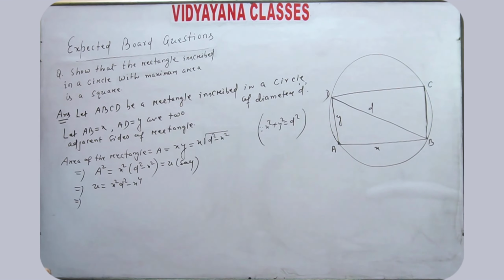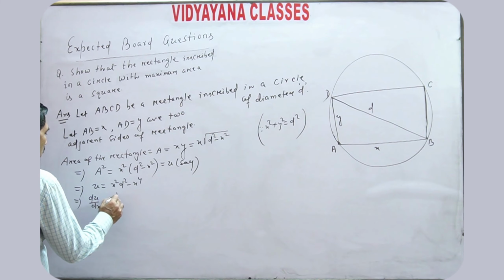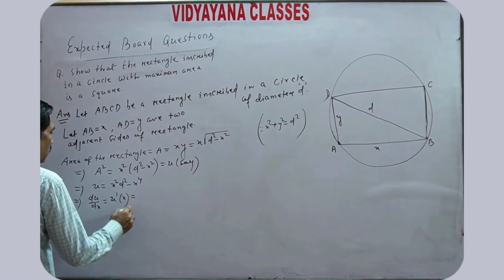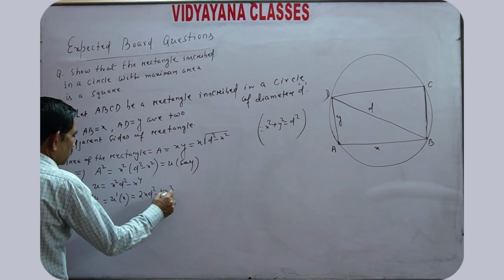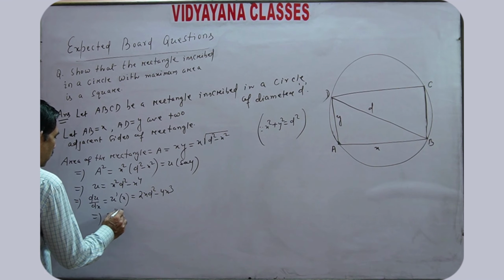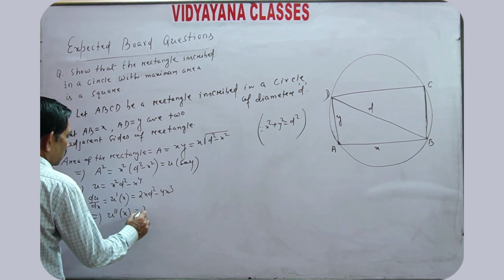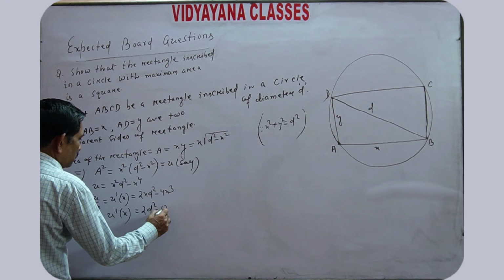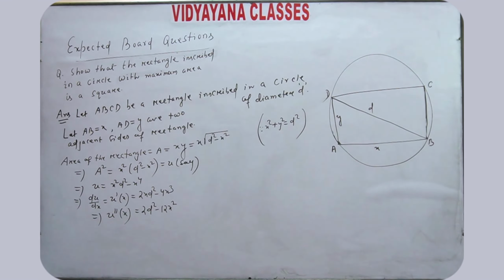Differentiating U with respect to x, du by dx is U dash x is equal to 2x D square minus 4x cube, which implies U double dash x is equal to 2D square minus 12x square. Clear?